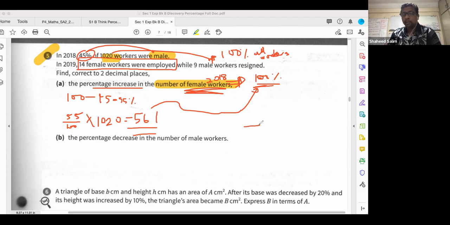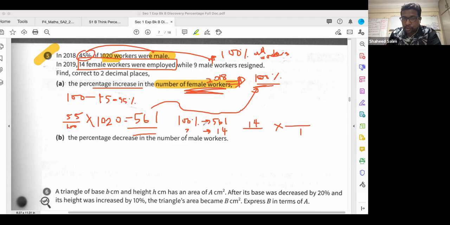So now, okay, we write the ratio so you're very clear. 100% of the women is 561. Now what do you want to find? You want to find 14 of these workers, how many percent? You want to find 14, right? 14 on top.